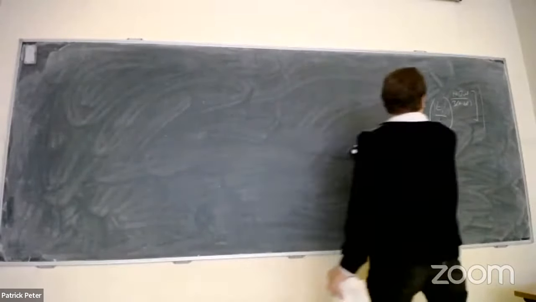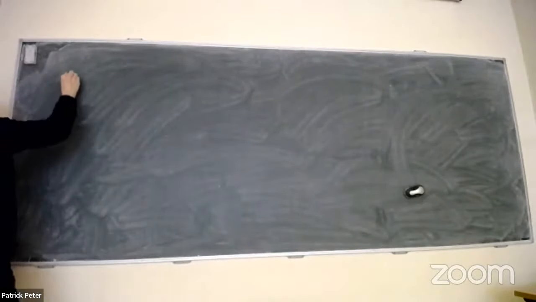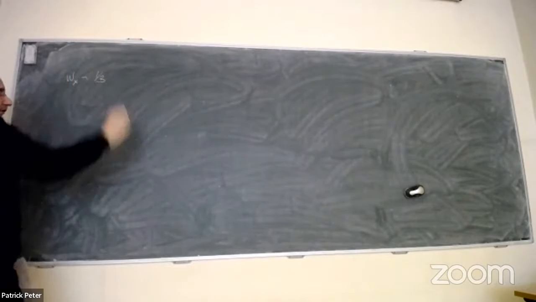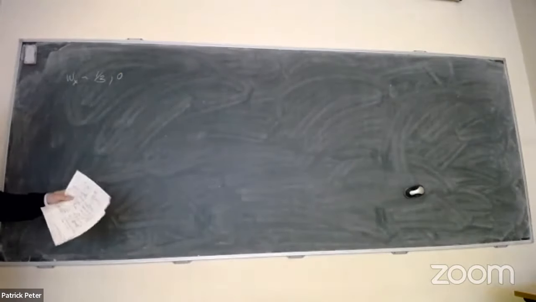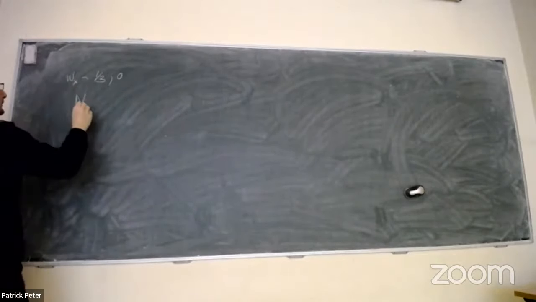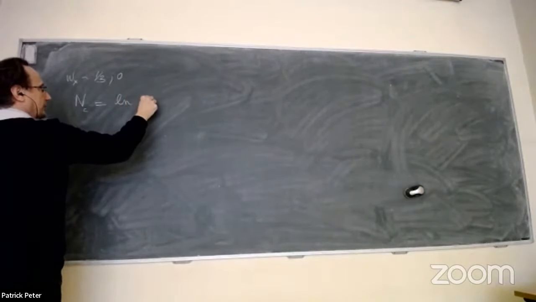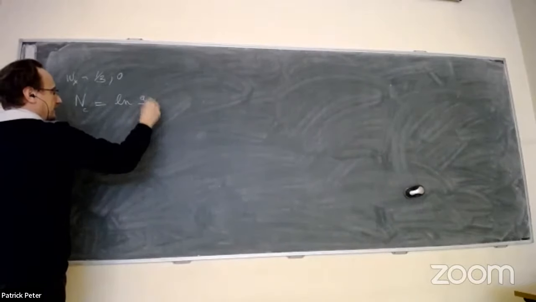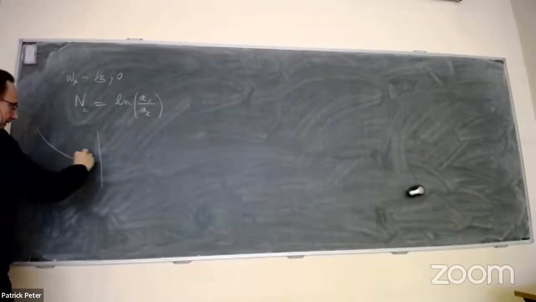Oh, and by the way, sorry, I should have mentioned that in general, if you pick a w, say 1/3, which is usually assumed, or 0, what you find is that in order to solve the horizon problem, you define the same kind of thing as the number of e-folds, but of contraction, which is now the log of the original size of the universe over, say, the end of contraction, right?